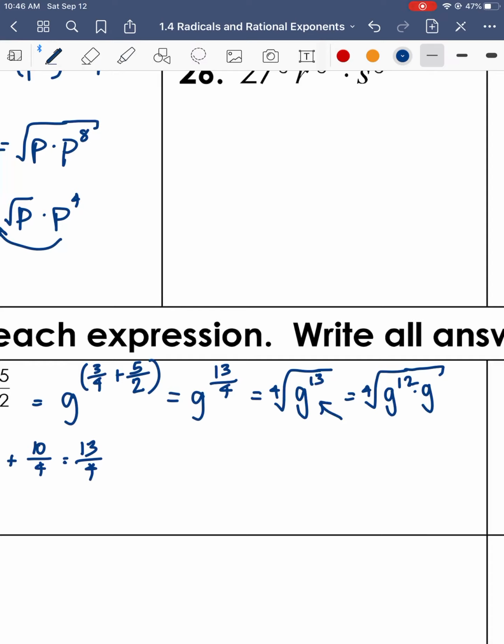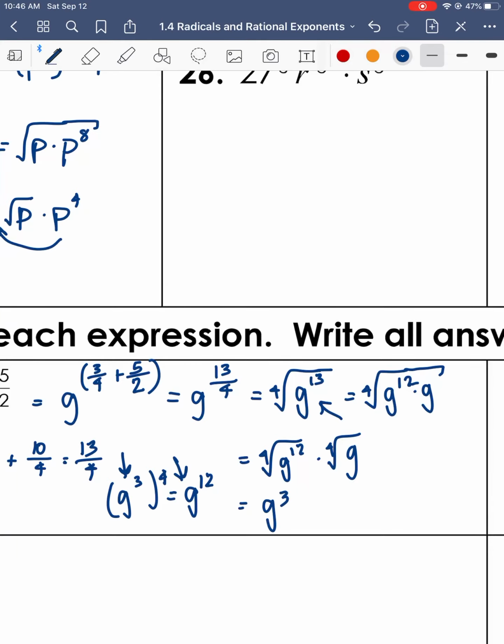We know that g cubed to the 4th is g to the 12th, so we can take the 4th root of g to the 12th, and that gives us g cubed. So we could write this as the 4th root of g to the 12th times the 4th root of g. The 4th root of g to the 12th is equal to g cubed, and then we multiply that times the 4th root of g. And that matches what my notes say over here.